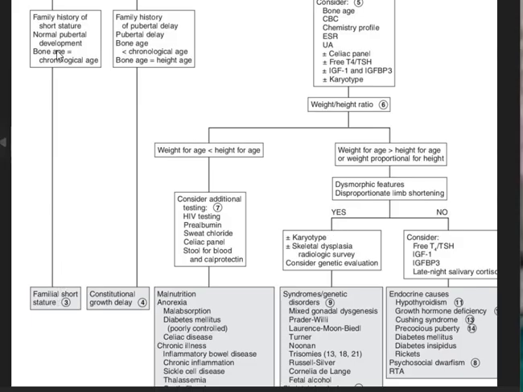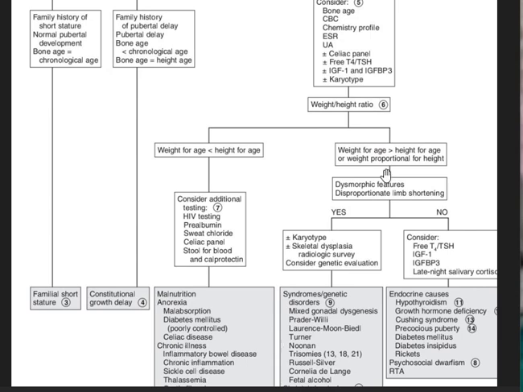So, if there is familial short stature, bone age will be equal to chronological age. If it is constitutional growth delay, bone age will be less than chronological age. However, bone age will be equal to height age. So, weight for age will be less than height for age. Then you check for malnutrition, anorexia, malabsorption such as diabetes mellitus, celiac disease, chronic illnesses.